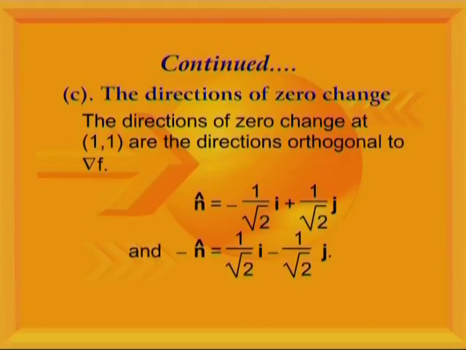The change will also be 0 in the direction of minus n cap, which is equal to 1 over under root 2 i minus 1 over under root 2 j, because the dot product of minus n cap and gradient f will also be 0.